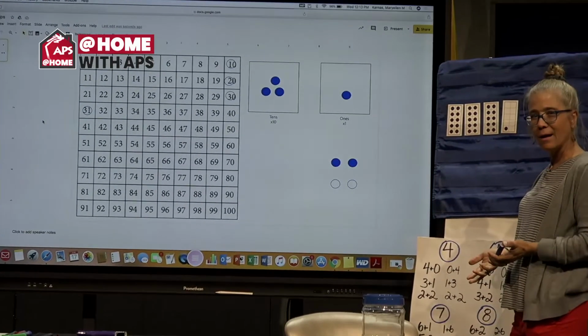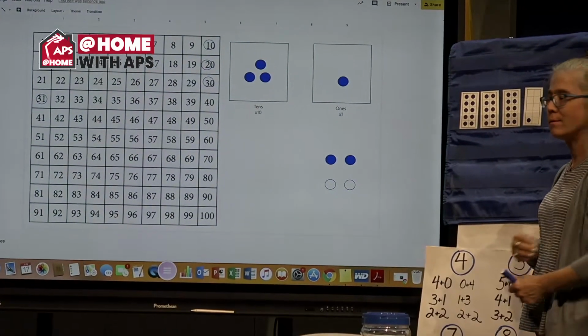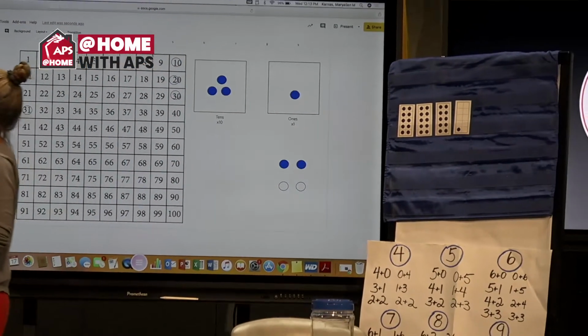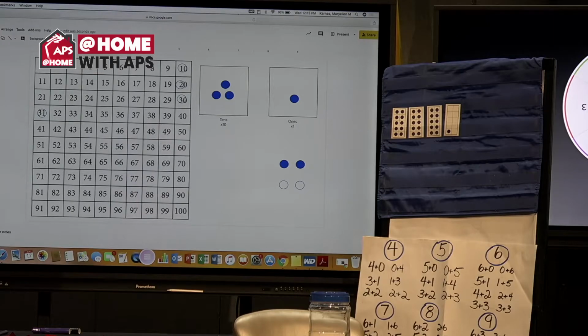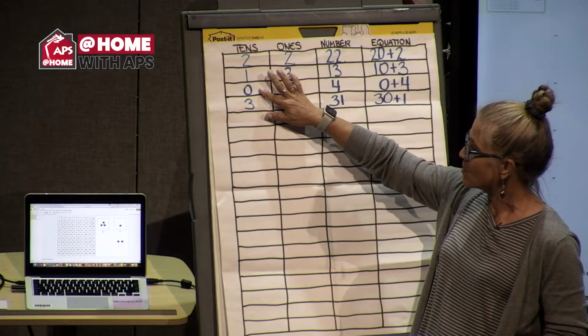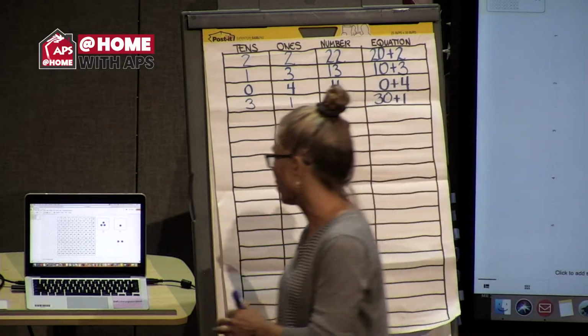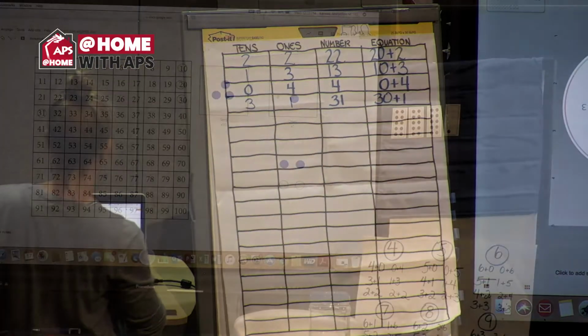Are there any other choices for us? Well, we know we've had 2 in the 10s place. We've had 1. We've had 0 dots over there. We've had 3. We haven't had 4. Okay, let's try that.